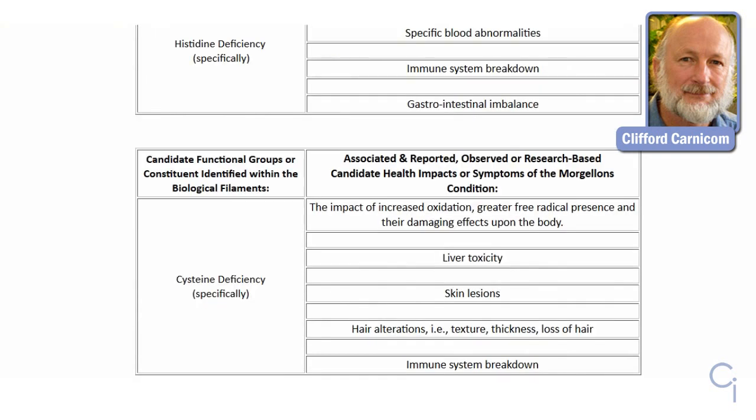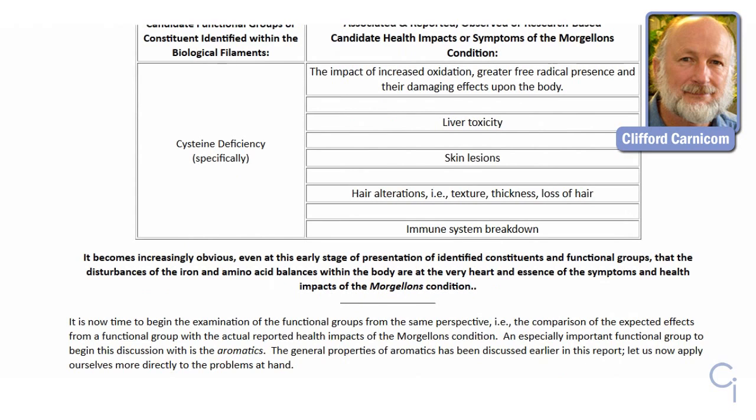Okay, next one going on for cysteine. What might happen if you had a cysteine deficiency? Again, another specific amino acid that appears to have been identified in earlier work. Remember, the earlier work, not done through spectrophotometry, involved chemical methods largely based on chromatography, but not entirely. There were lots of methods used: electrolysis, chromatography, visual light spectrometry, ninhydrin protein tests. There were a lot of different methods used.